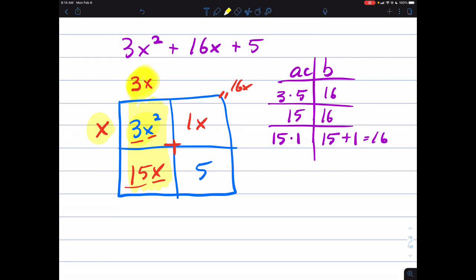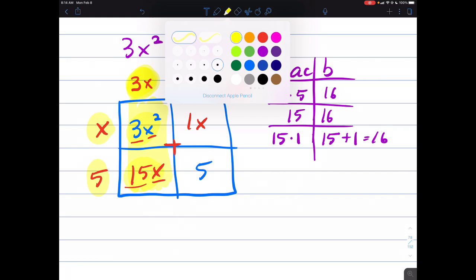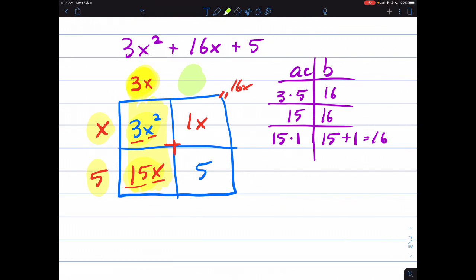And then 3x times what gives me 15x? Well, that has to be 5. And then I can go to the last one. What times x gives us 1x? Well, that has to be 1. And then we check the last one. 1 times 5 is indeed 5. So our answer is 3x plus 1 times x plus 5.